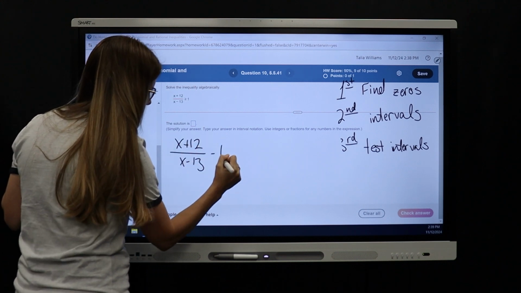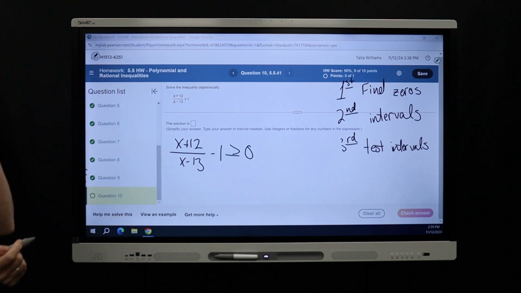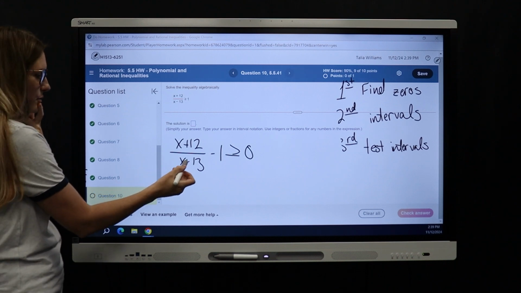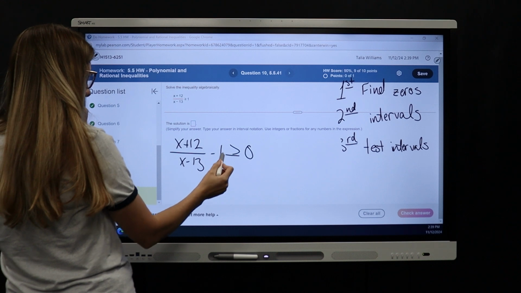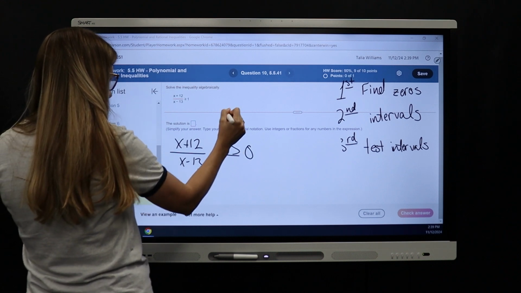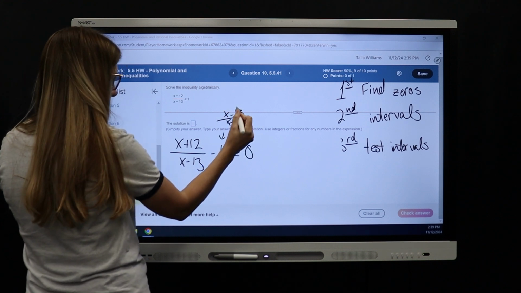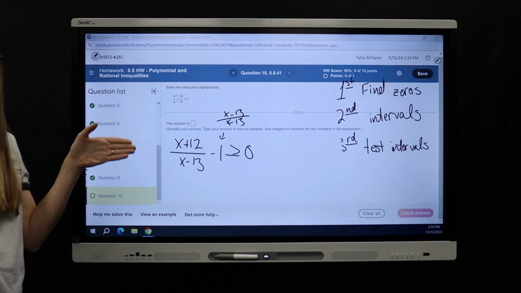I'd have to subtract it over. Now, you can't just subtract one from a rational expression. You have to have a common denominator. Our common denominator would be this x minus 13. So I'm going to have to change this right here to be x minus 13 over x minus 13, because anything divided by itself is 1.